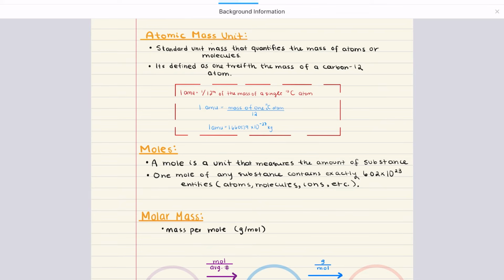One atomic mass unit is equal to 1.66 times 10 to the minus 27 kilograms. The atomic mass of an element is usually found on the periodic table, and it's expressed in AMU, and it represents the average mass of all the isotopes of that element, taking into account their relative abundances. All right, so here we're tying in concepts now.